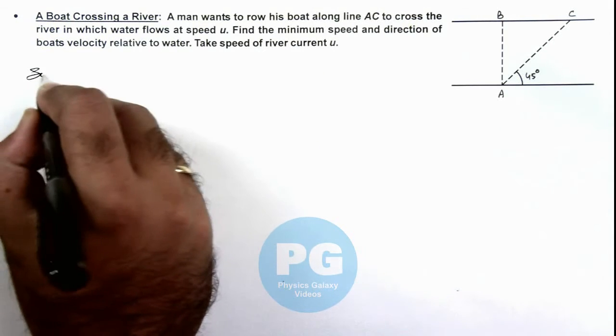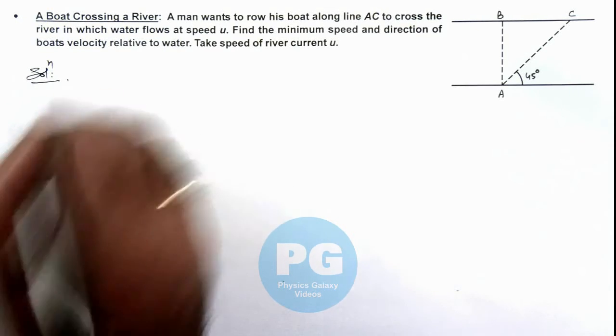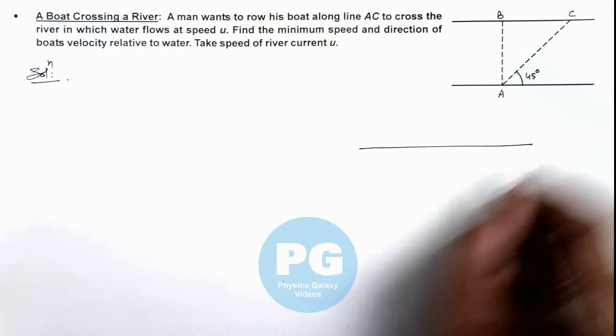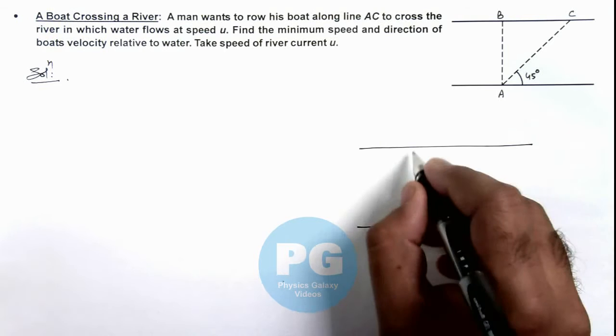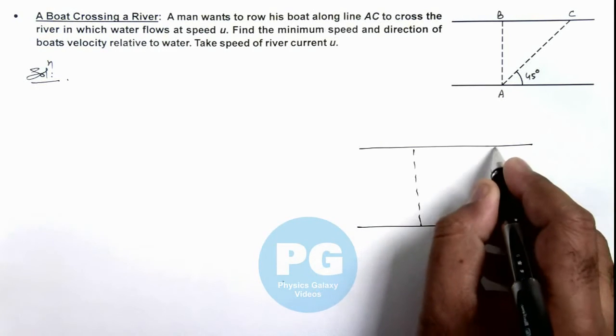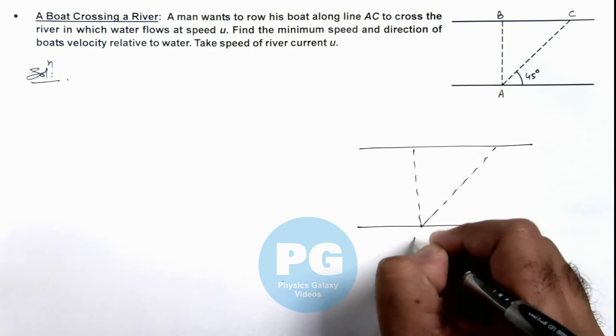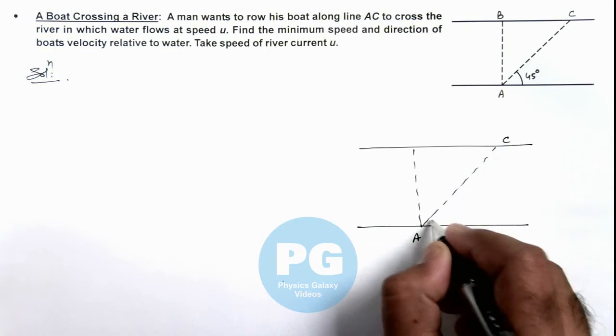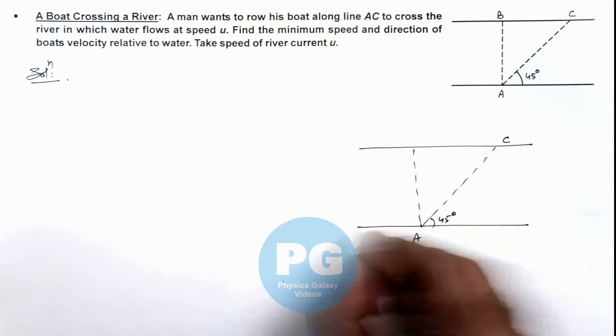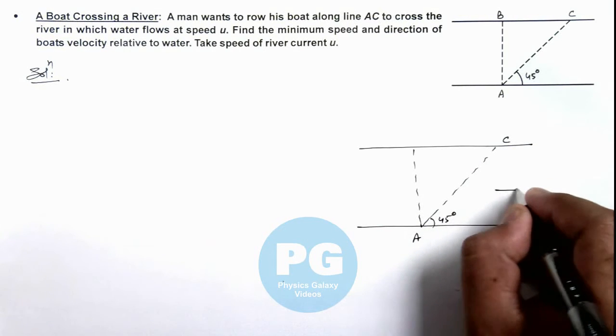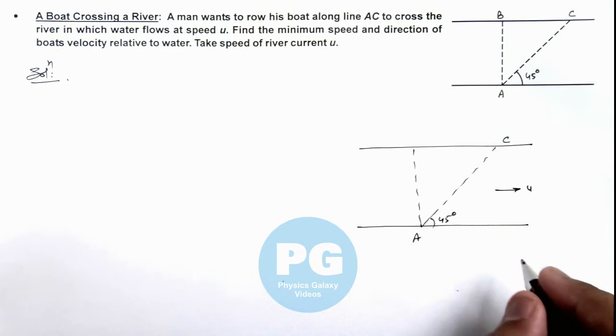Now, in this solution we can see in this situation a man wants to cross the river along line AC, which is at an angle 45 degrees with the direction of river current, and the river is flowing at a speed u.